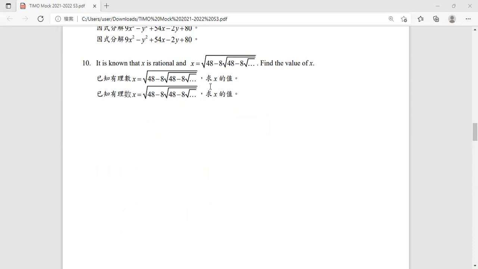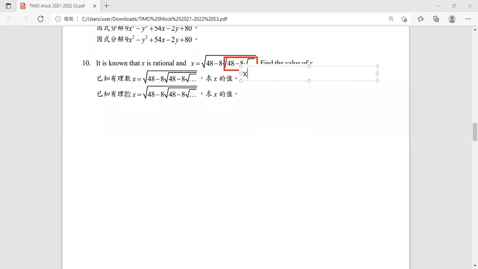Now please consider the expression: square root of 48 minus x, and so on, because it's recurring. You'll find out that this is x.